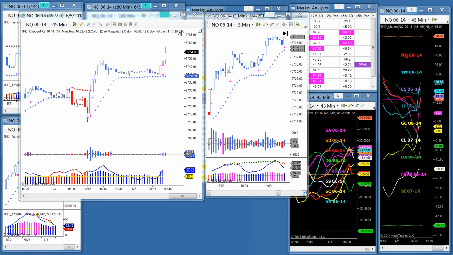Now, I wrote a post today about why I love binaries. You cannot enter these trades on the NASDAQ, and there is a reason why you cannot. If you enter these trades and you're risking more than 10 ticks, which is the average stop that you need to use on the NASDAQ, okay?